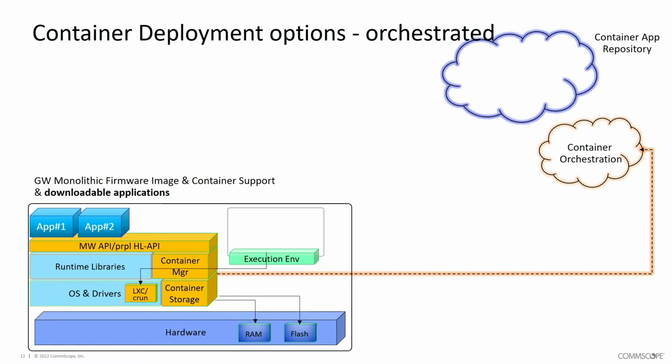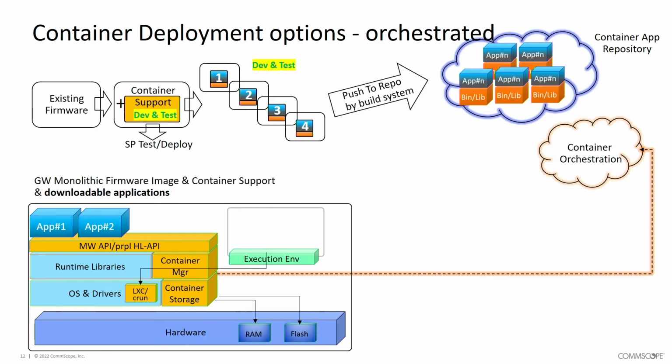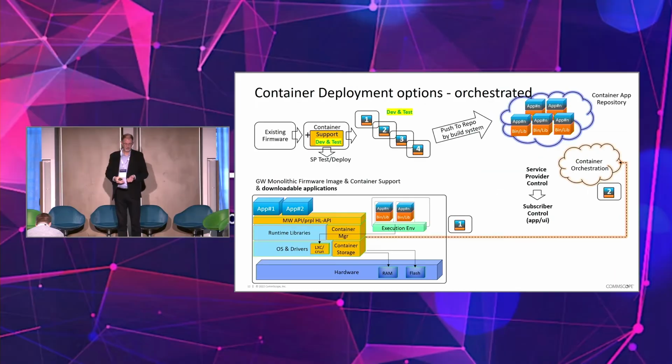But obviously, orchestration is a lot better to be using. So I'll just flick through all of this. The idea here is we get our existing firmware, the one that we've decided is our monolithic image that has container support and everything we need. And rather than focus on redeveloping that all the time, we develop on the different applications individually. We can push them to a repo, and then from there, using our container orchestration solution, push those down into the platform.